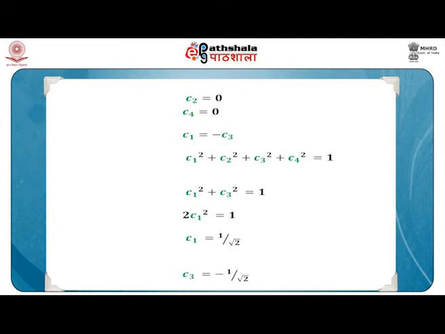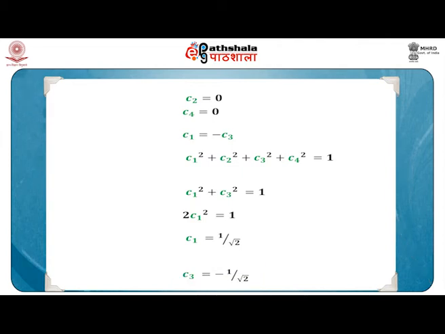Further, we also have the normalization condition. If we put the aforementioned values in this equation, we get C1 equals 1 upon root 2 and C3 equals minus 1 upon root 2.